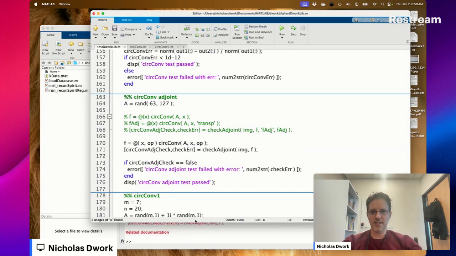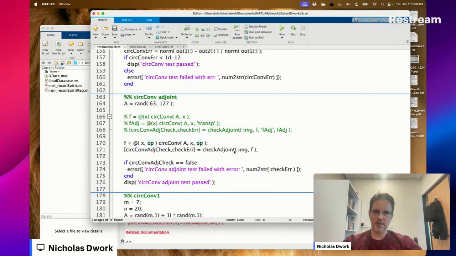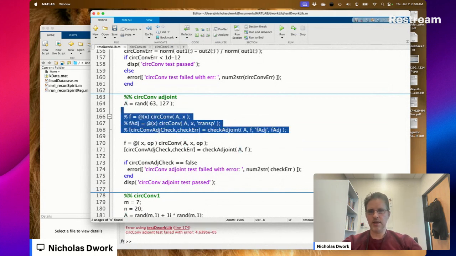Okay, thank goodness. Incompatible sizes. What's happening? Okay, this should be A. Now we're back to where we were.